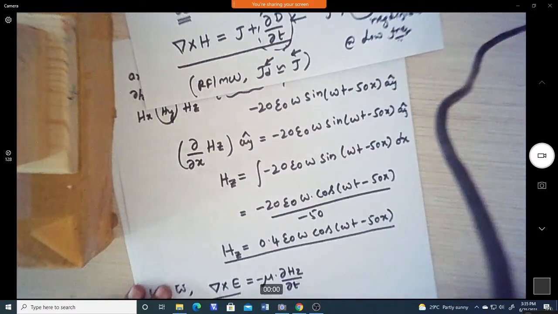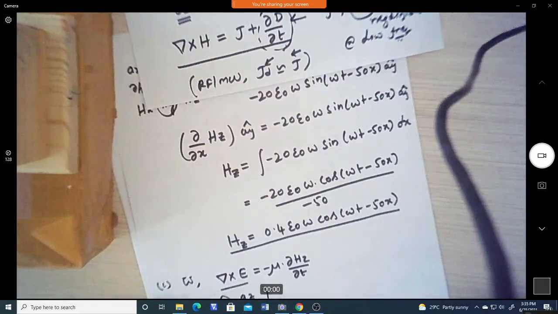If I take this one, what are you going to get? Only the y component, which is del by del x of ez minus del by del z of ex.